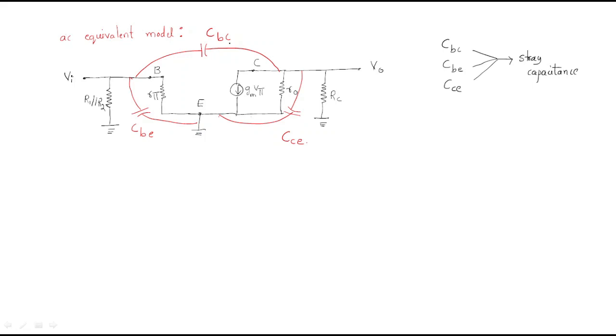So just write a statement, that CBC is in between input and output. That's why it will make complexity while making input and output resistances, because we need to separate input and output resistances or impedances.